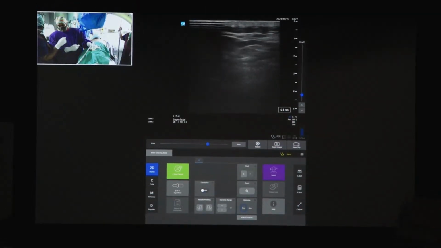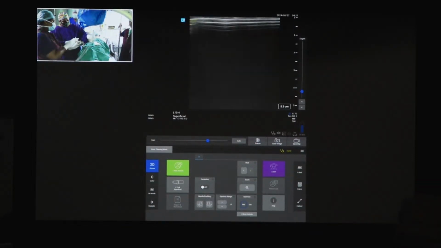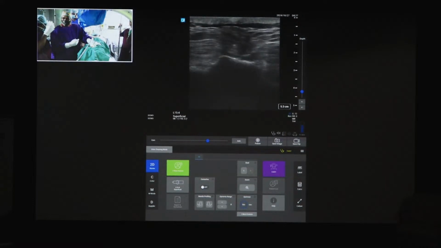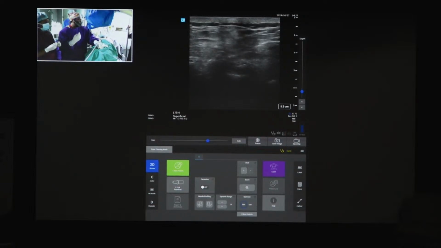There you can see it. So now we will go to fluoroscopic view later.